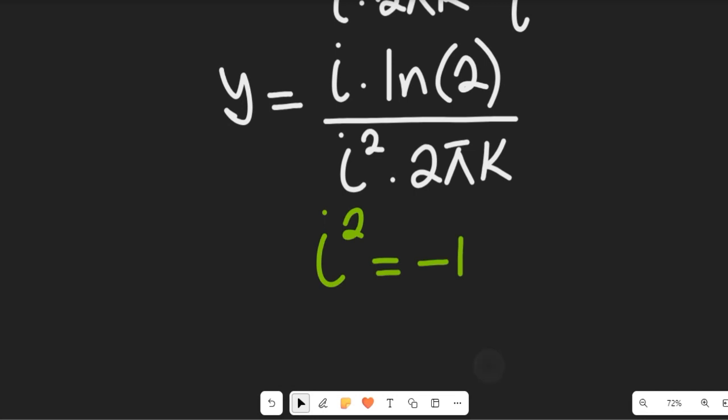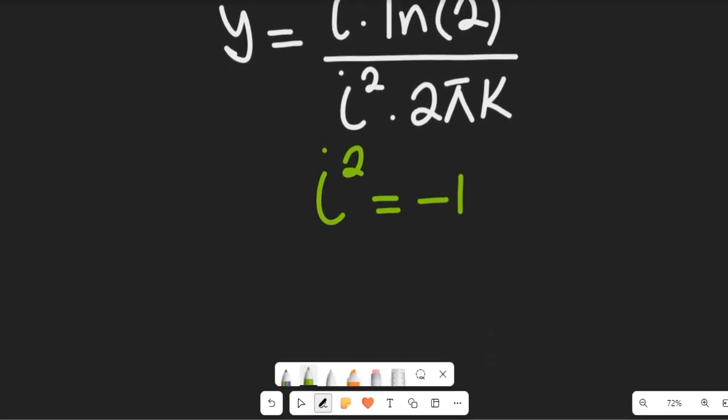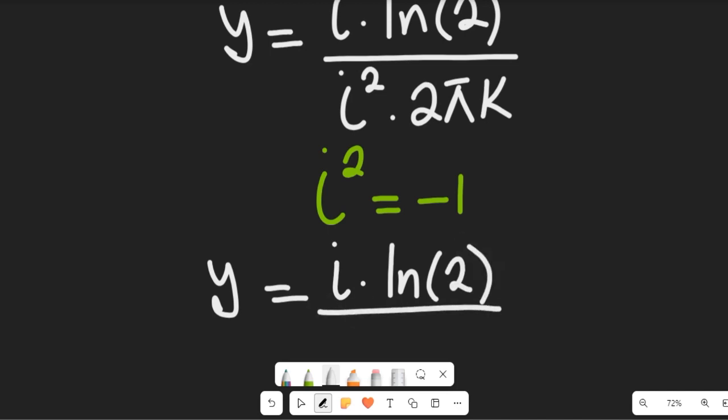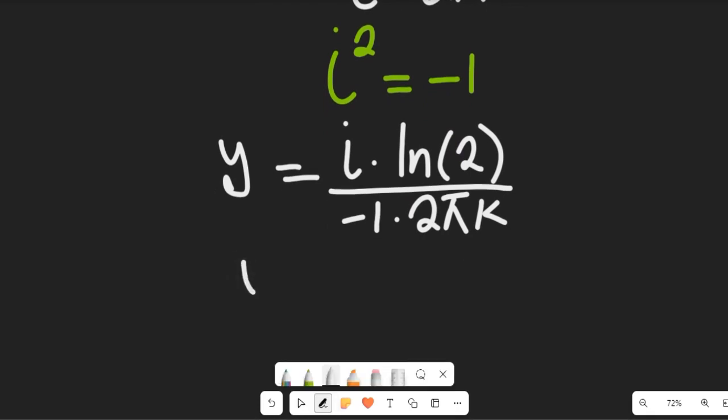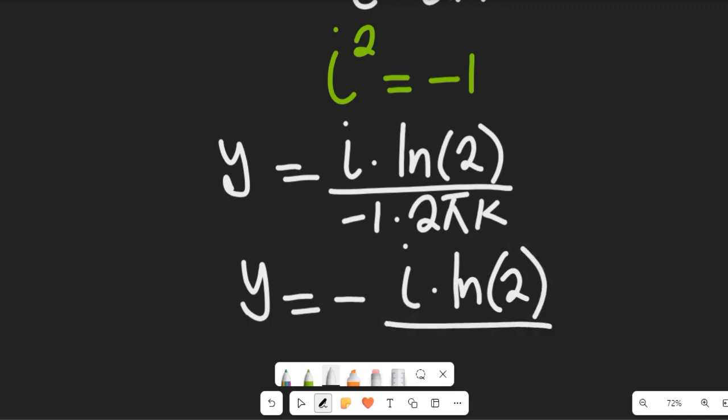So if that is applied, we'll have our y to be equal to imaginary multiplied by the natural log of 2, divided by -1 multiplied by 2 pi k. So that will simply give us the value of y to be equal to -i multiplied by the natural log of 2, divided by 2 pi k.